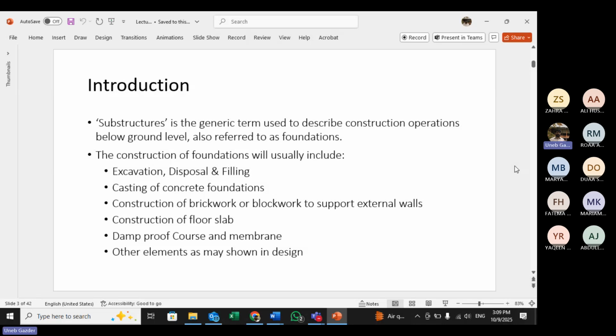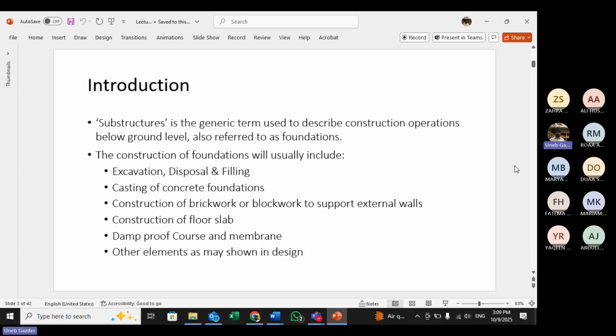The most obvious one is foundations, so substructure is often referred to as foundation work as well. But as you can see, there's a list here. It will involve many other items in addition to foundation.